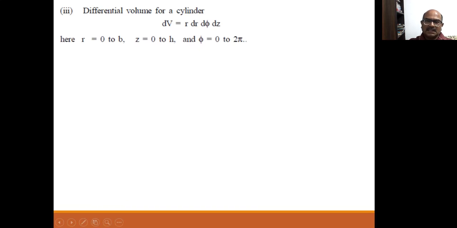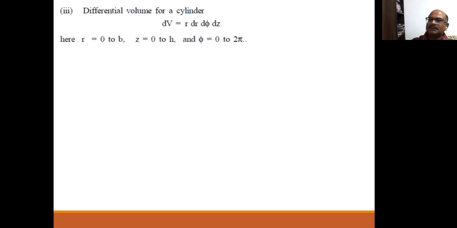But there are certain limits. r can take the value 0 to b because it's given in the question that the radius of the cylinder is b. z can take the value up to h because according to the question the height is h, but phi will take the rotation from 0 to 2 pi, making it a complete cylinder.